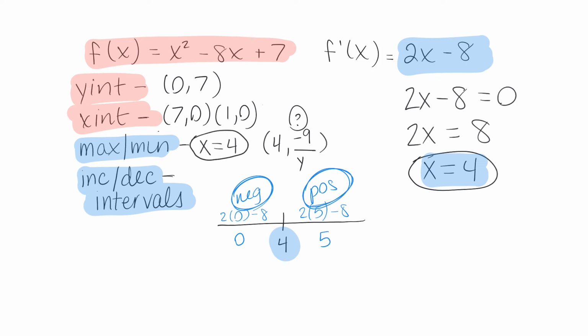So therefore, the increasing interval is from 4, I use round brackets, 4 to infinity, and the decreasing is from negative infinity. Wow, that's sideways. Negative infinity to 4.